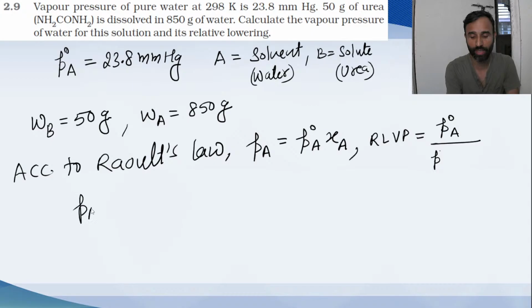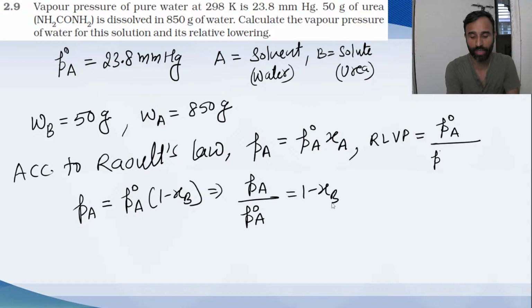See, PA equal to P naught A into 1 minus XB. That implies PA upon P naught A is 1 minus XB. So XB equal to 1 minus PA over P naught A. That is P naught A minus PA over P naught A. So this is the formula actually.